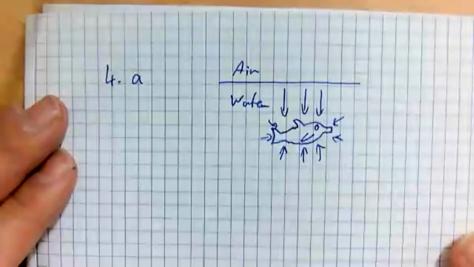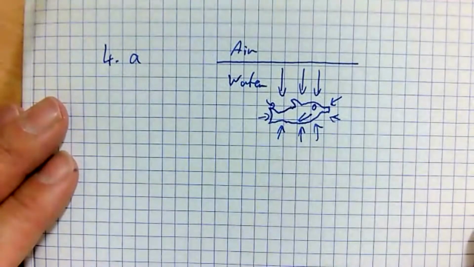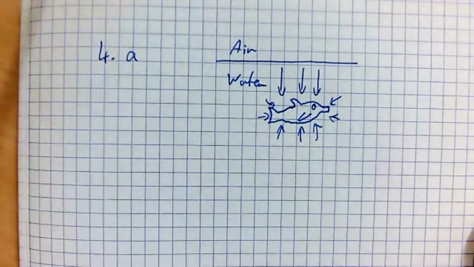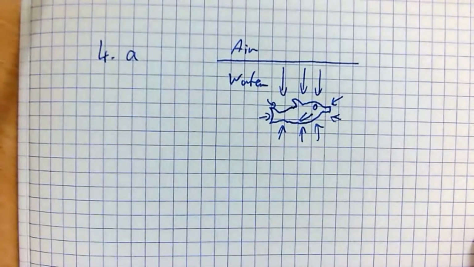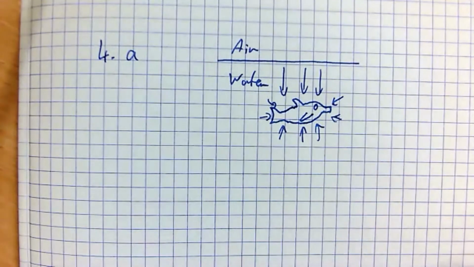Have any of you ever swum underwater? Yeah. When you go down deep, you notice the pressure on your ears. Yeah, sometimes. So that's actually the water pressure pushing on your ears. In fact, if you're scuba diving with an air supply, sometimes you go very, very deep.